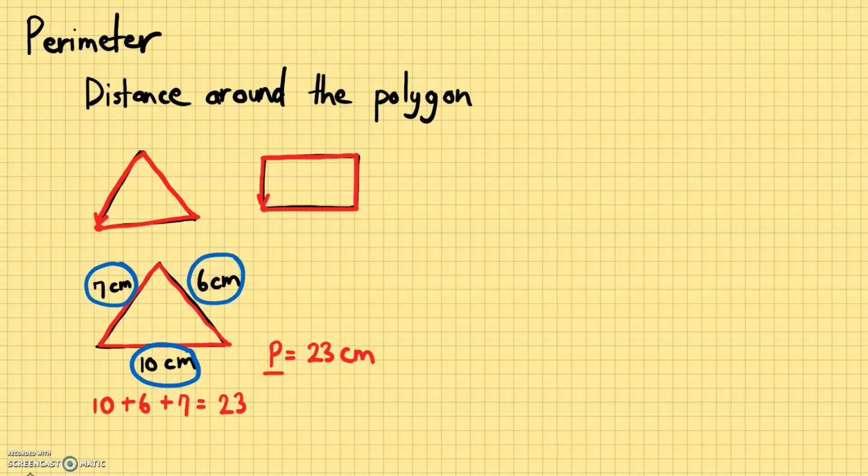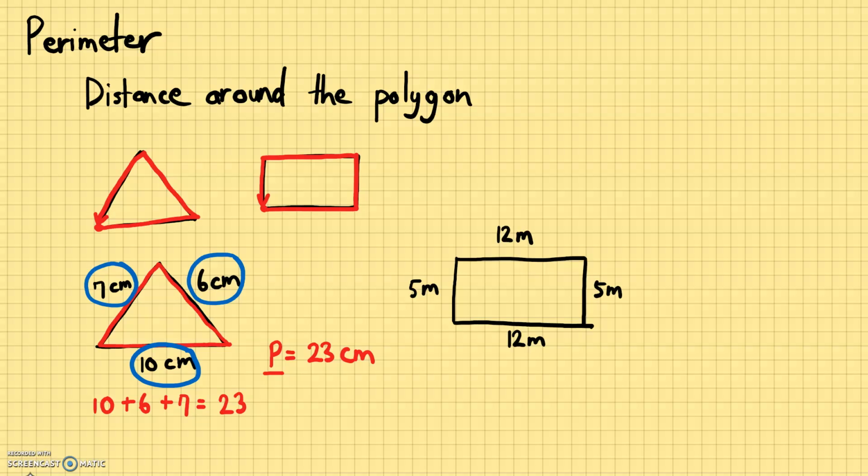And the same thing, you can do the same thing for rectangles. Say for this rectangle, we have 5 meters this side, 12 meters, 5 meters here, and 12 meters here. What would be the perimeter of this rectangle? And let's go around this rectangle and see what we get. So if you start here and go this way, that's going to be 12.